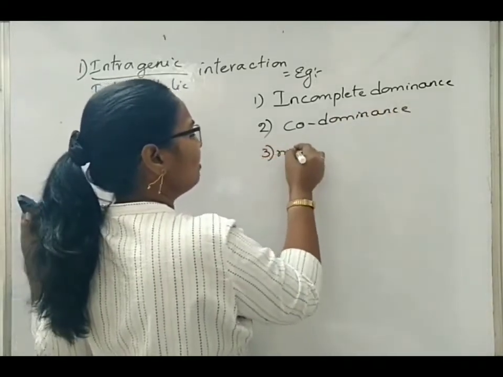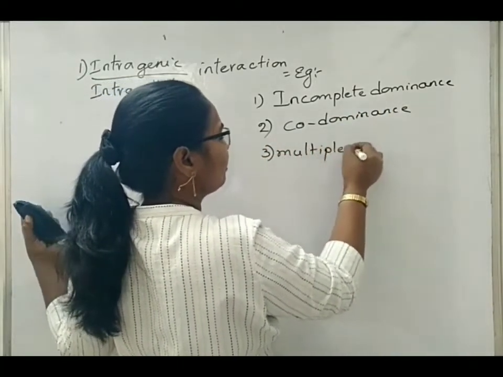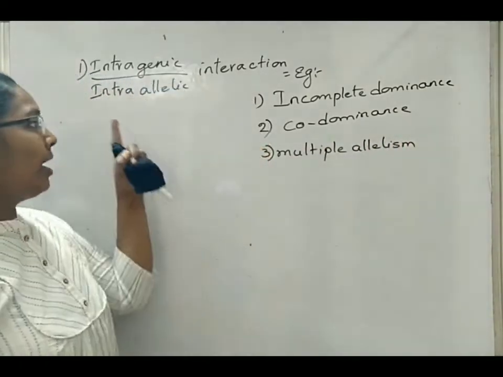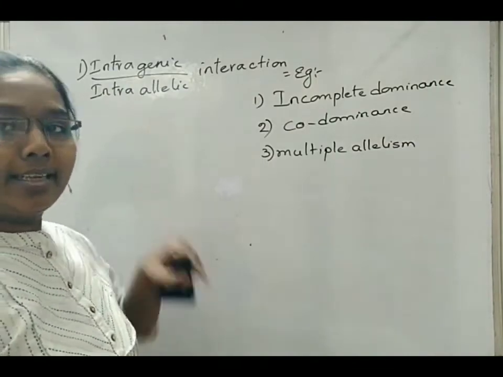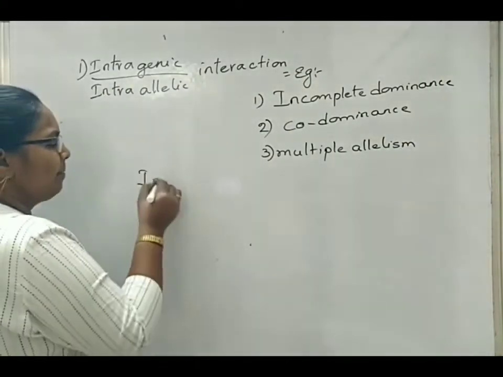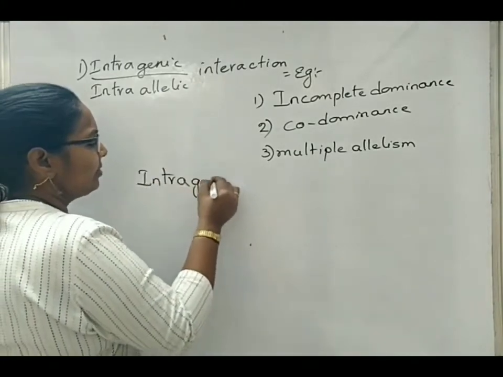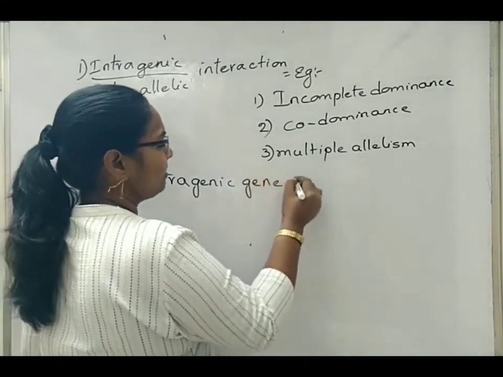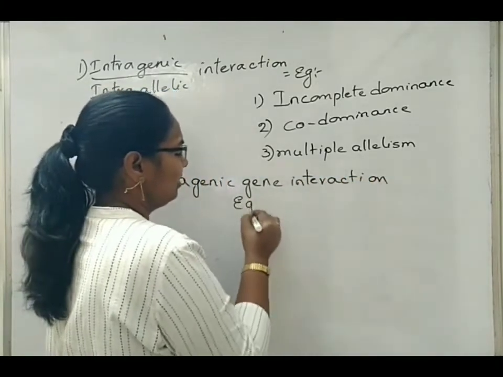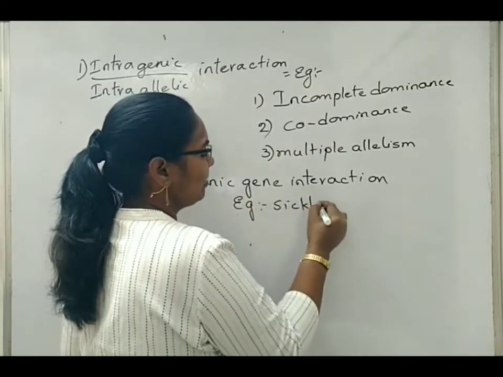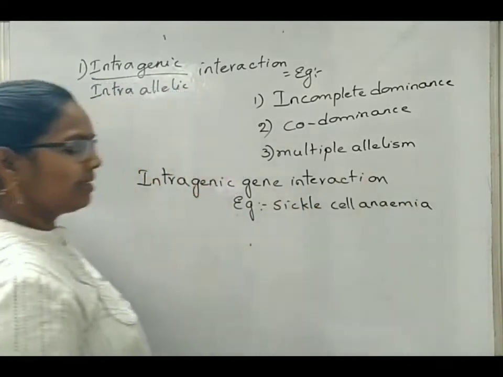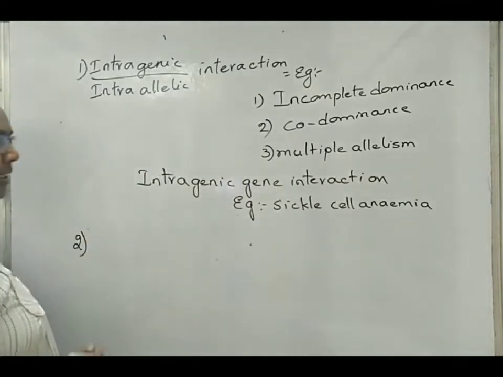Third example, multiple allelism. Now, under intragenic gene interaction, we can study one more example, that is sickle cell anemia.